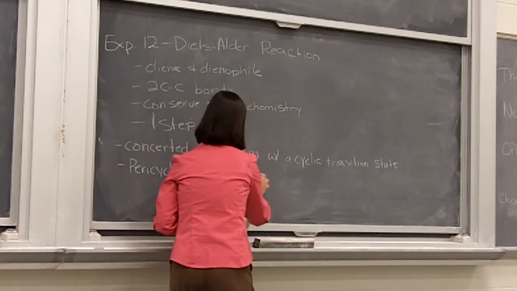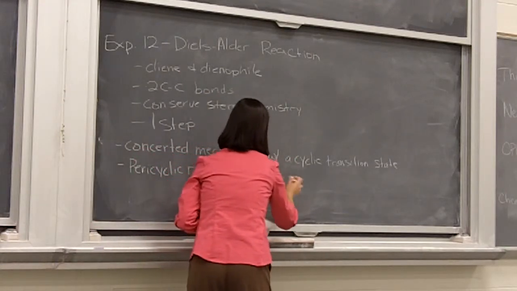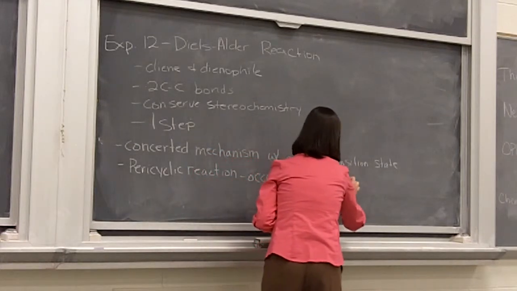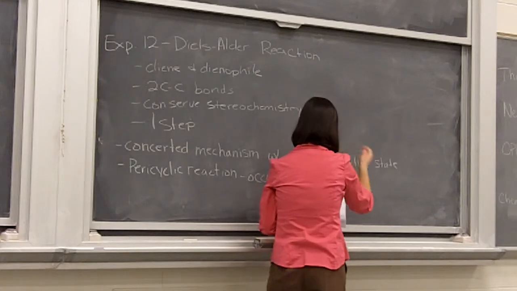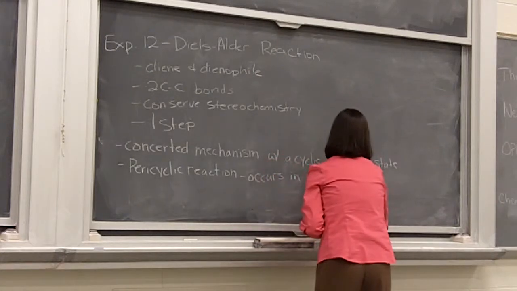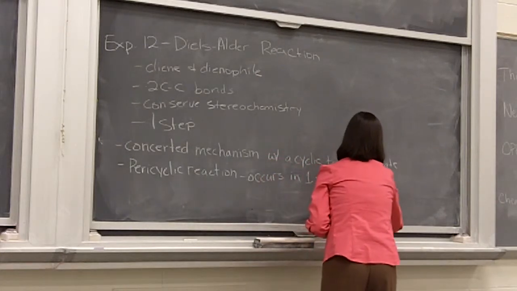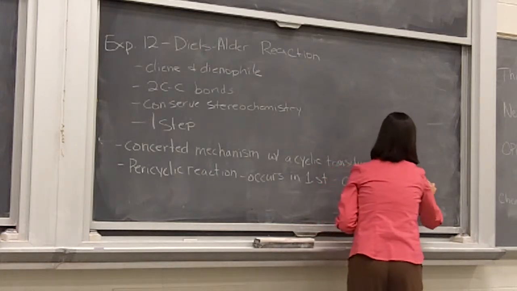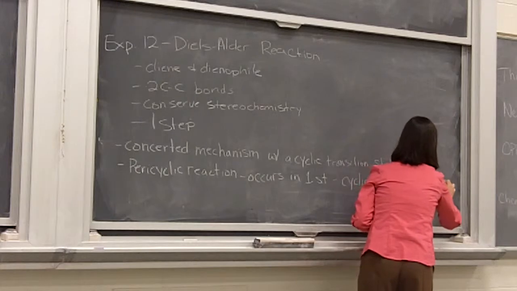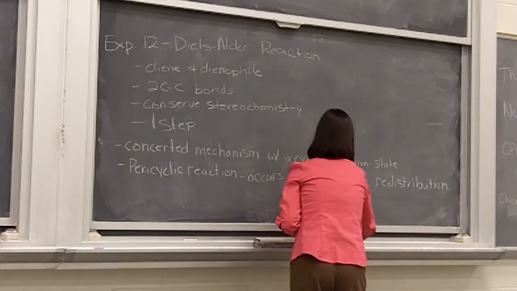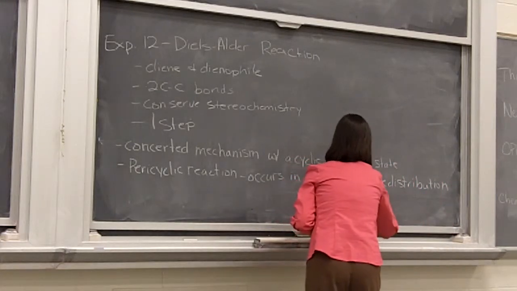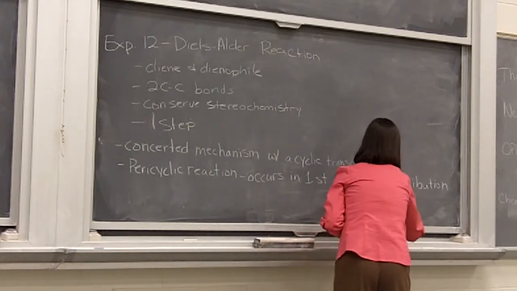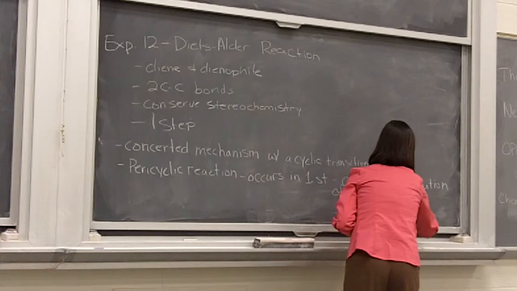It occurs in one step, and it has this cyclic redistribution of electrons. And specifically, it's a 4 + 2 addition.